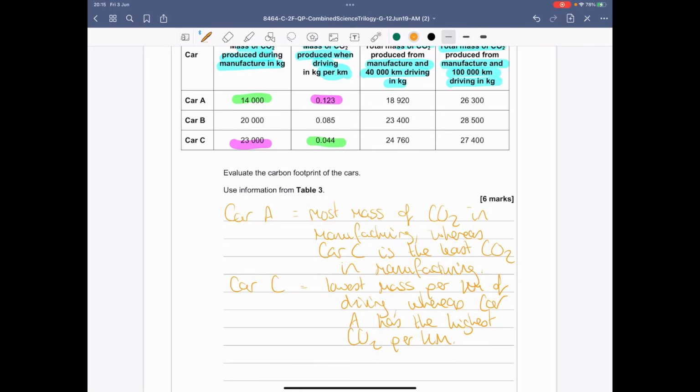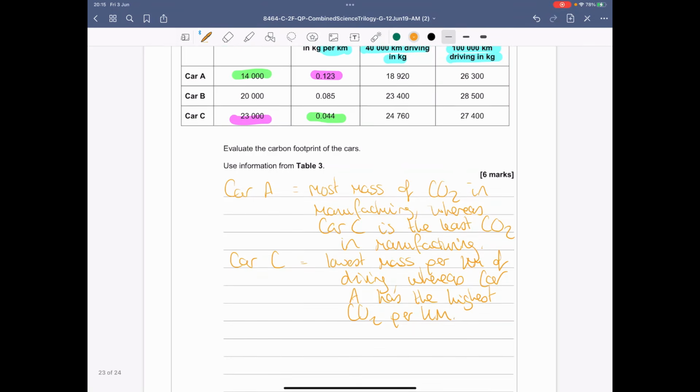So all I've done here is look at those numbers on the table. Then you can say for both of them, car B is in the middle. Car B fits between car A and C for both readings.